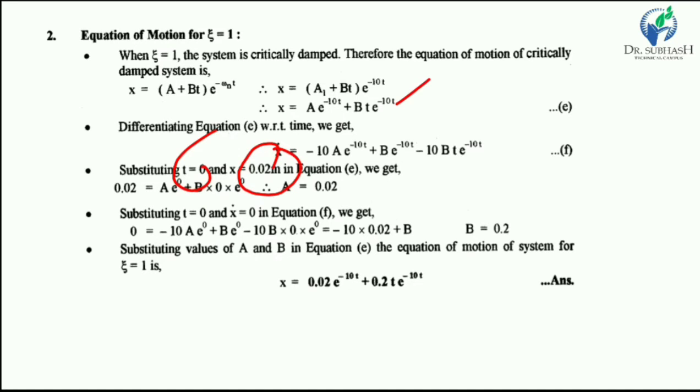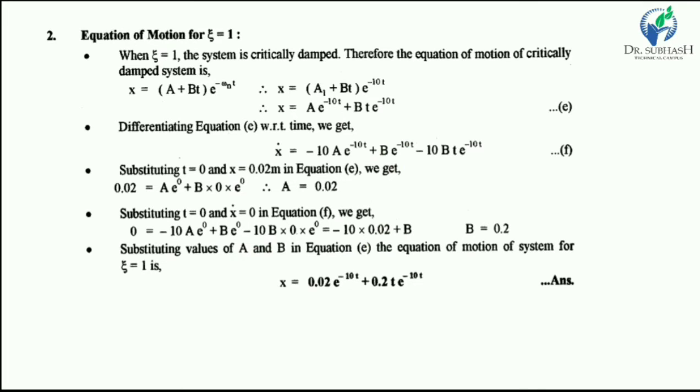Put the values of both x and t in the displacement equation, and we get the value of a, because b into t, and if t is 0, then the b term is 0. So we find the value of a, 0.02.